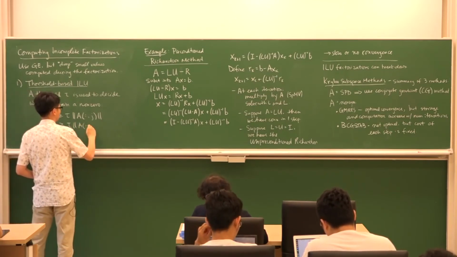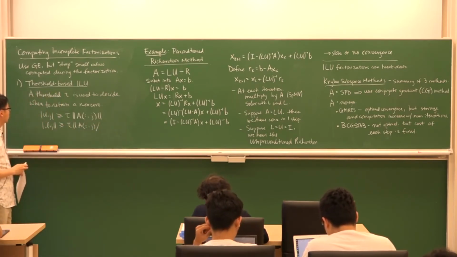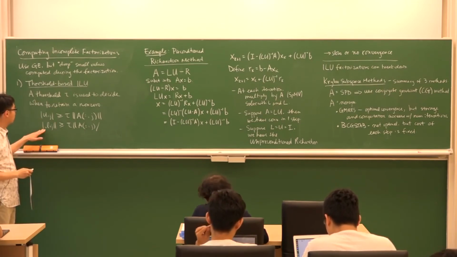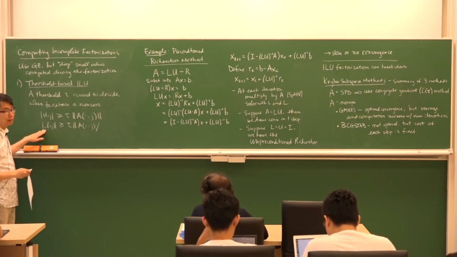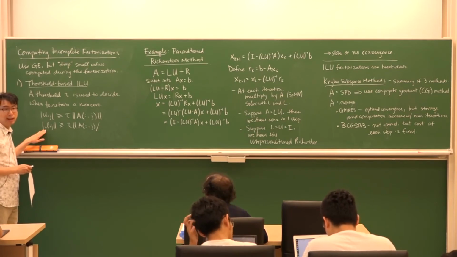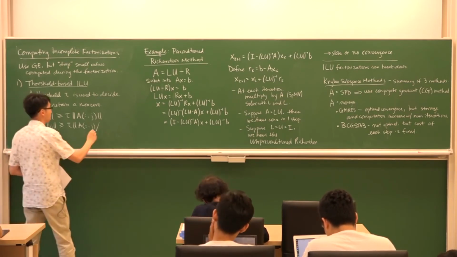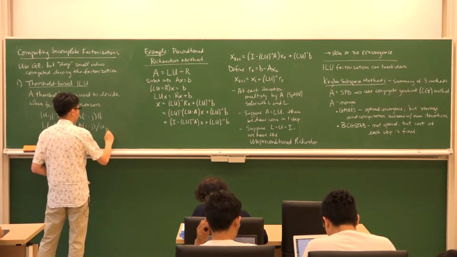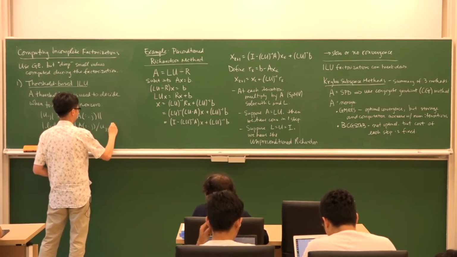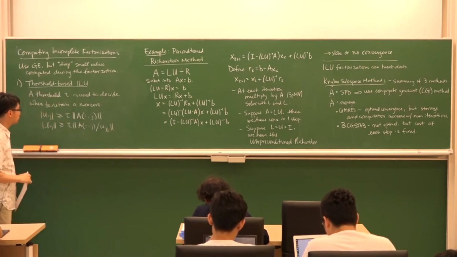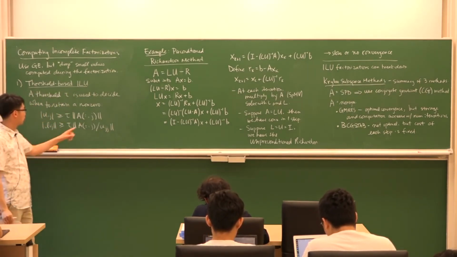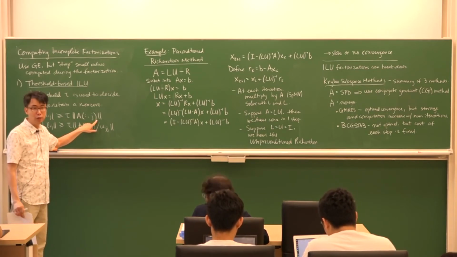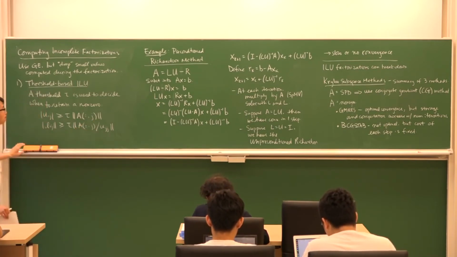Again, the jth column of A, but because in MATLAB we use a lower triangular factor that has a unit diagonal, we're going to divide here by Ujj. Here we could divide by Ljj, but Ljj is just 1. So this is a simple way of computing an incomplete factorization.